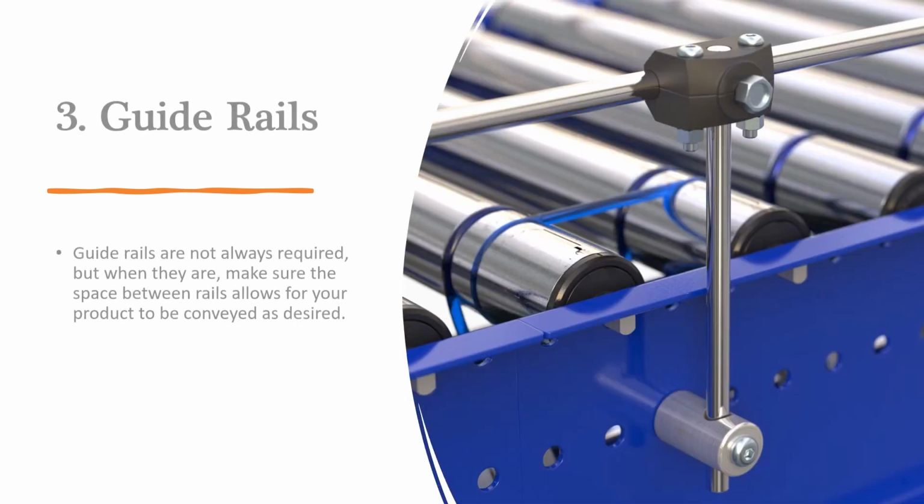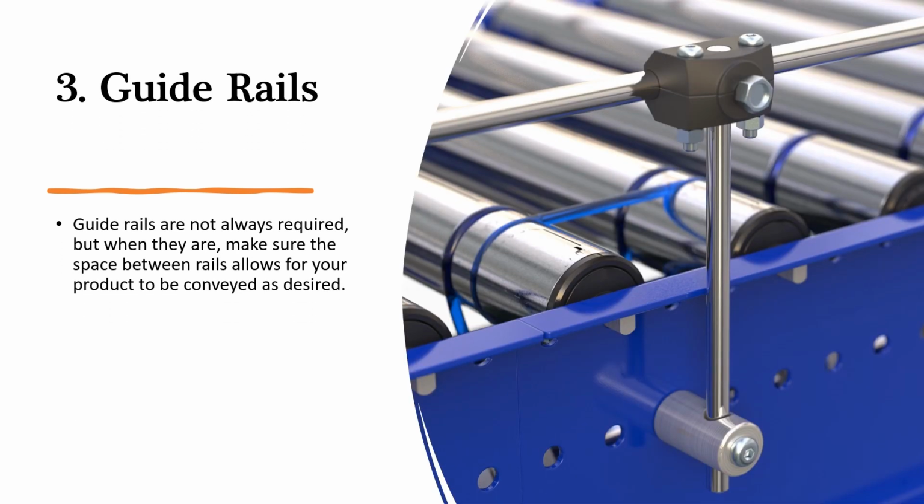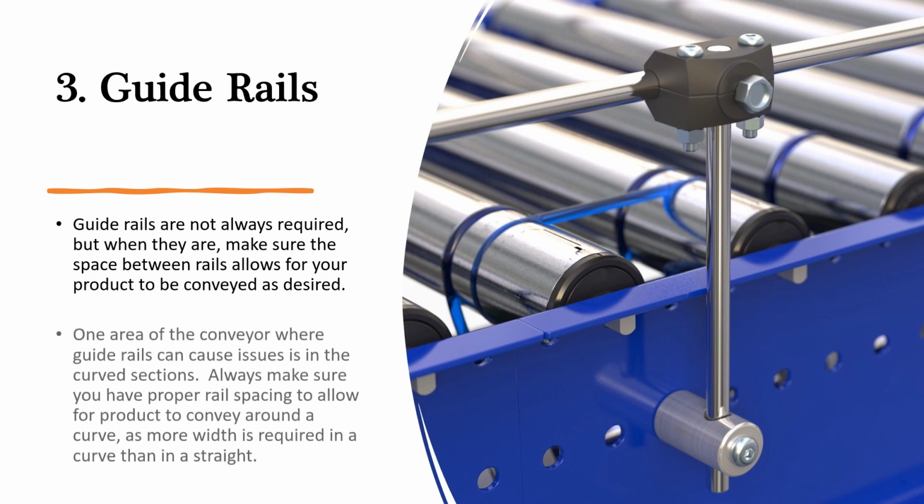Let's see the third parameter, which is guide rails. Guide rails are useful in order to guide the product on our conveyors. They are not always required, but they ensure that the space between the rails allows the product to be conveyed where it is desired.